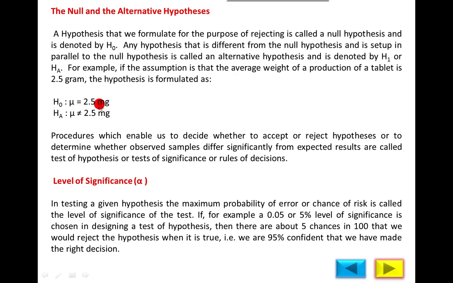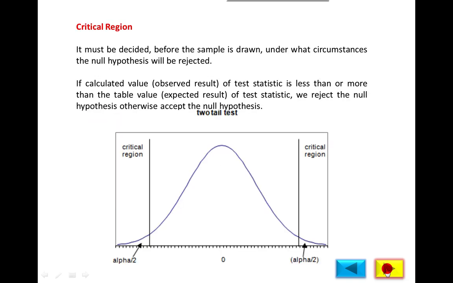If the null hypothesis is accepted, the population mean mu will be equal to 2.5. If it lies in the rejected region, mu will be not equal to 2.5. So this is the sketch. I will explain this with the help of an example after this definition.